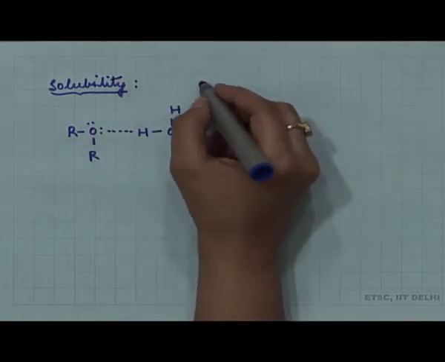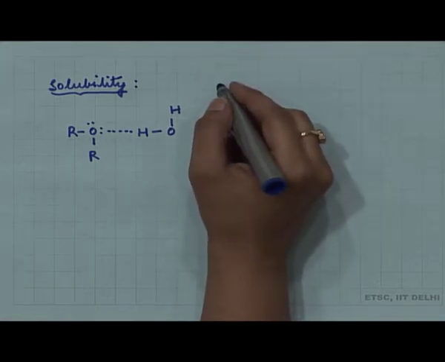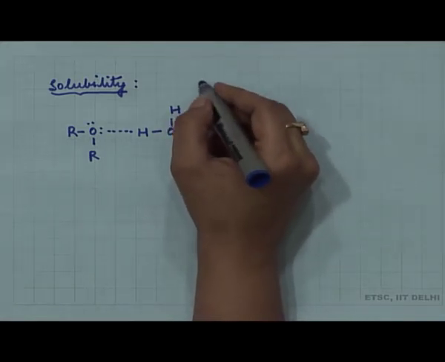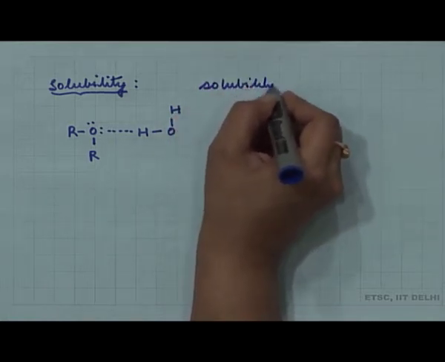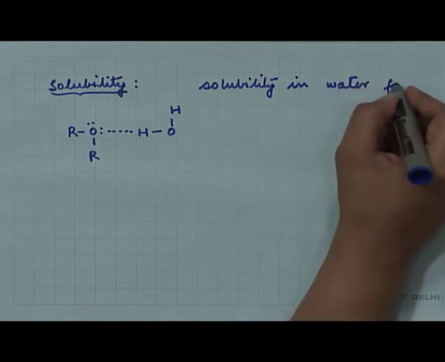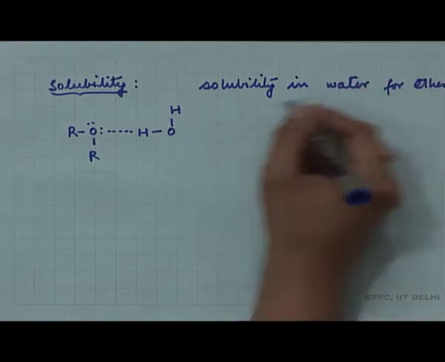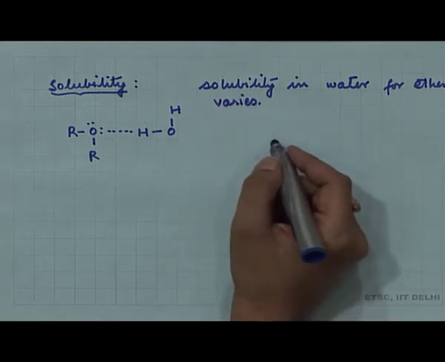So, their miscibility in water is dependent upon the type of the ether which we are using. So, solubility in water for ethers varies. Okay. So, it varies depending upon the type of the ether.